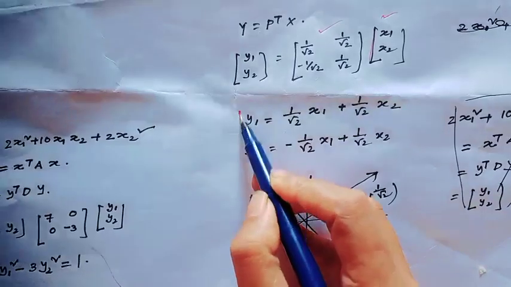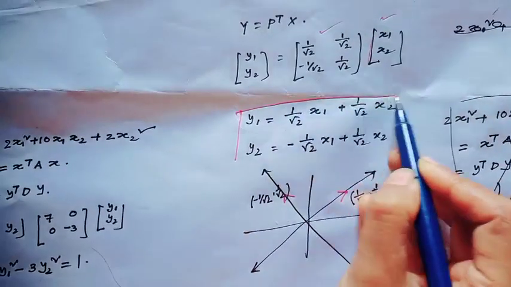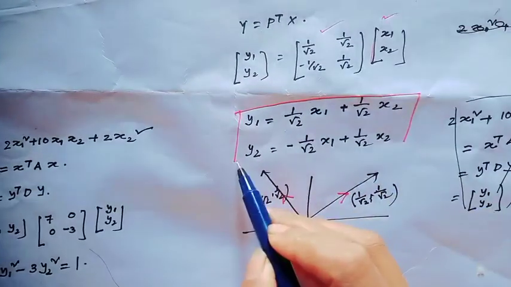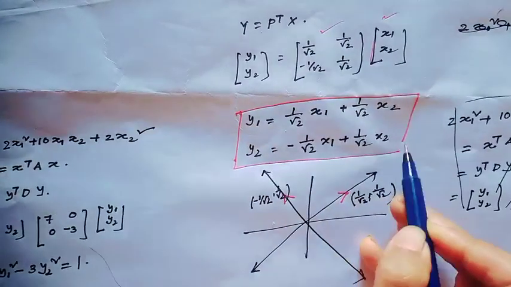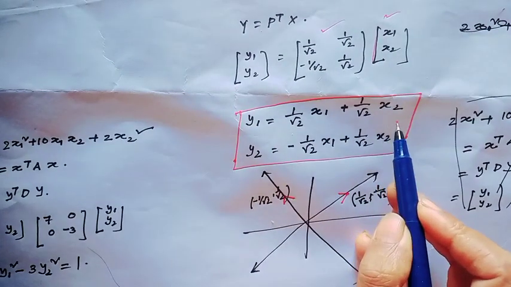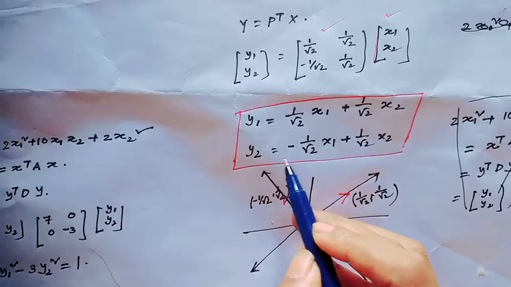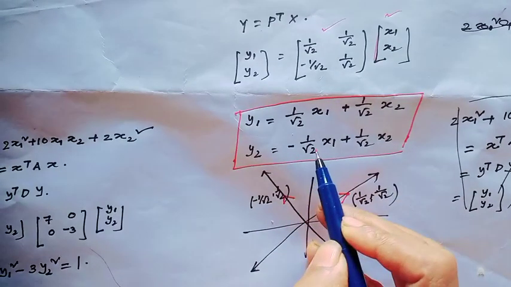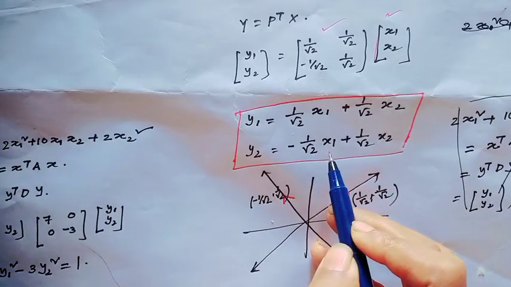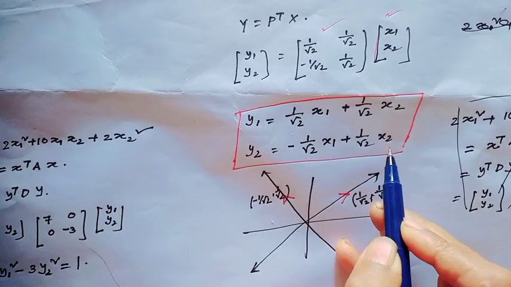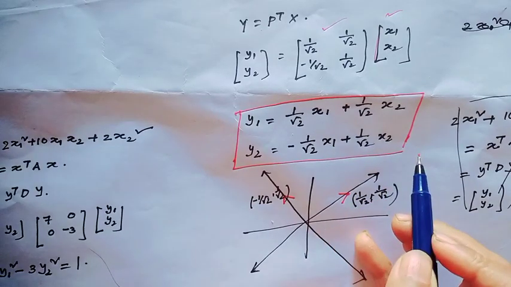Then this reduces to y1 equal to 1 over square root of 2 x1 plus 1 over square root of 2 x2, and y2 equal to minus 1 over square root of 2 x1 plus 1 over square root of 2 x2.